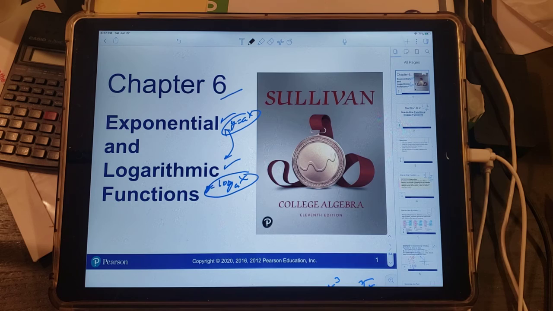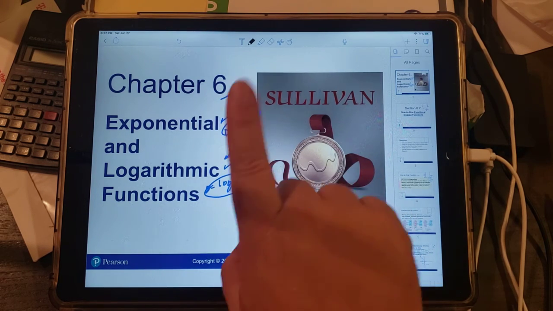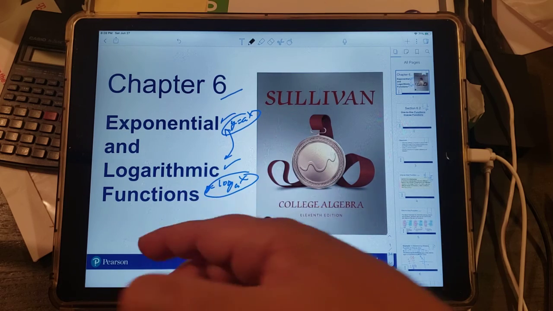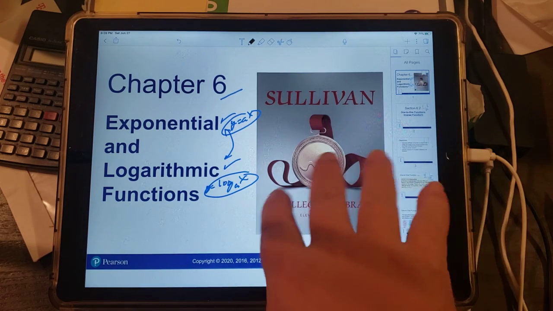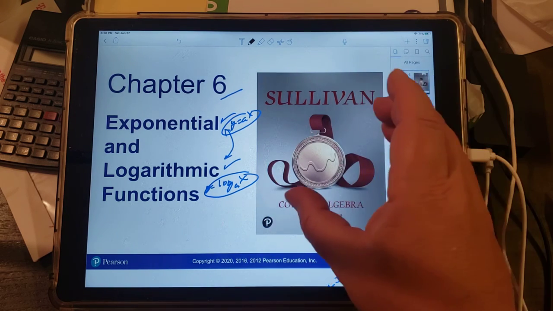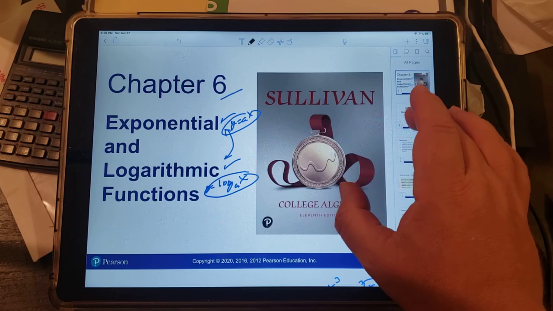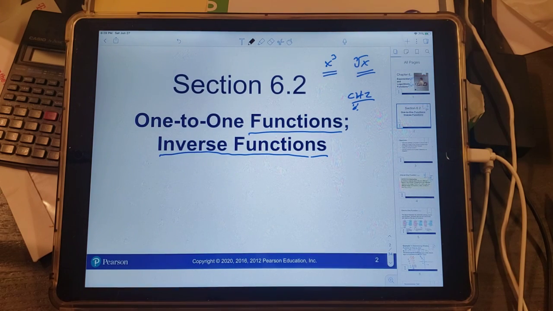But let me just say it. Exponential functions and logarithm functions are one-to-one, and they're inverses of each other. That's the reason for the packaging and the order of this being in section 6.2. All right, so that's the last part of section 6.2.